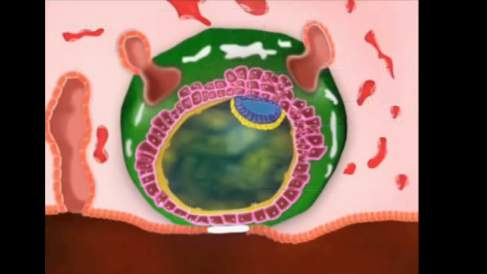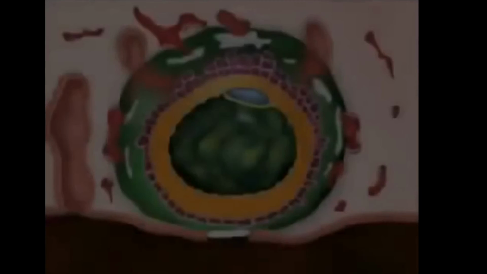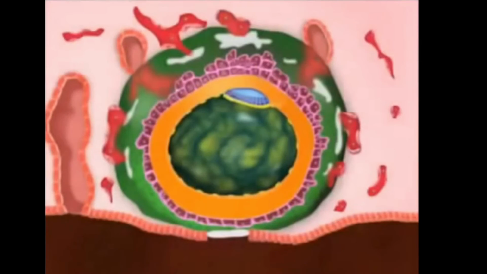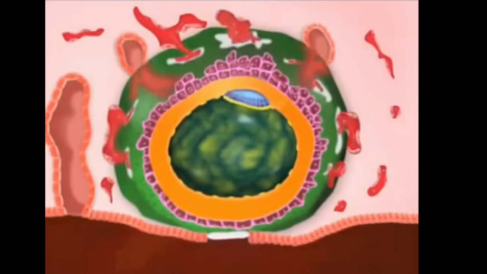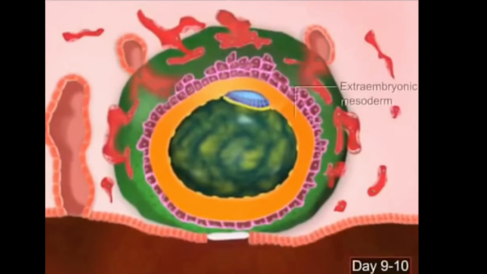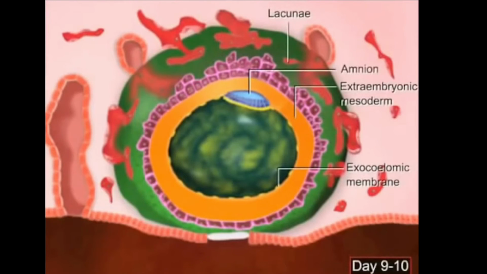One membrane is developed, known as Heuser's membrane, the exocoelomic membrane. The yellow discoloration seen is known as extraembryonic mesoderm. And the lacunae are filled with blood, which is known as uteroplacental circulation. Now this is the formation of the placenta as well.